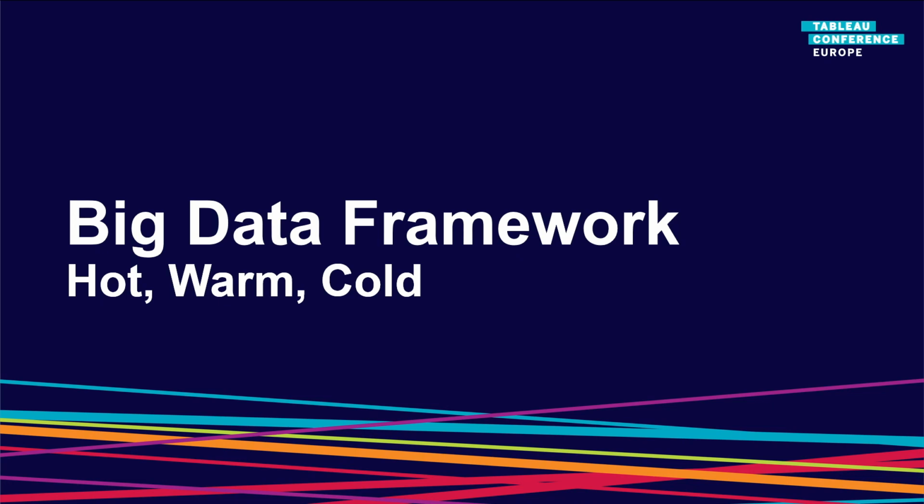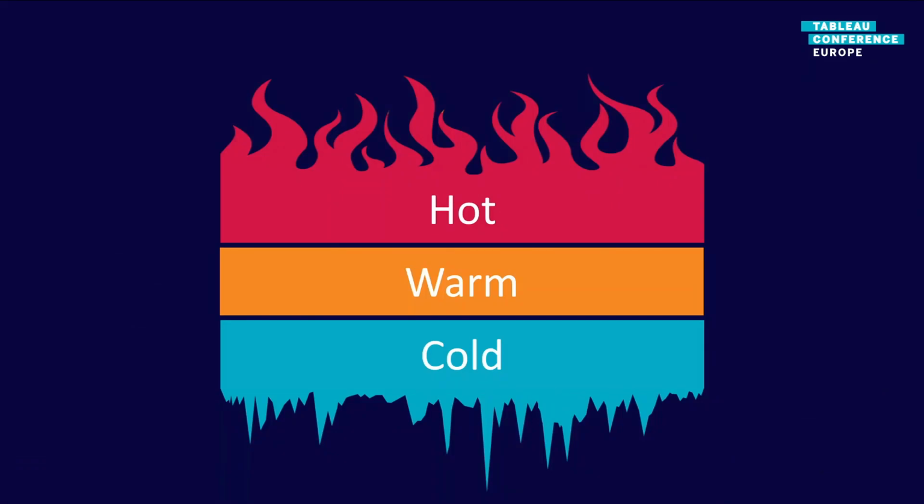And what really helps here is thinking about that big data framework, hot, warm, cold. It's been around for a while, but it's still very relevant. So we start in the bottom layer, the cold level, where we have the data in its raw format, right? That's where we store any of our data, which we might need at some point, might get value out of at some point.